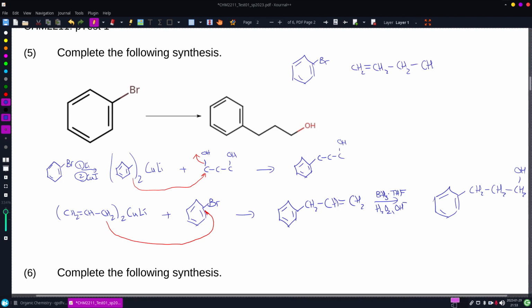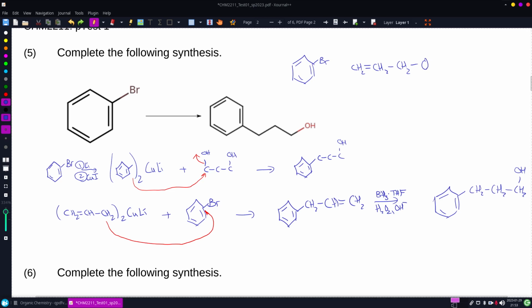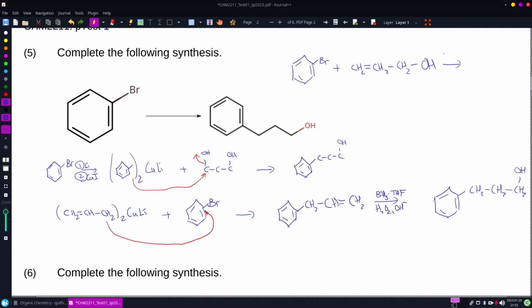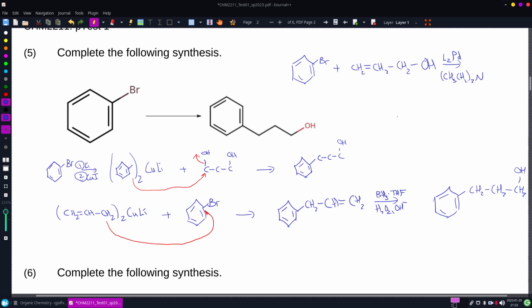Oops, that's not an OH, is it? There's an OH. Now, as long as we do this with the palladium-based substituent or catalyst, the standard reagents for a Heck reaction, we end up putting those together.